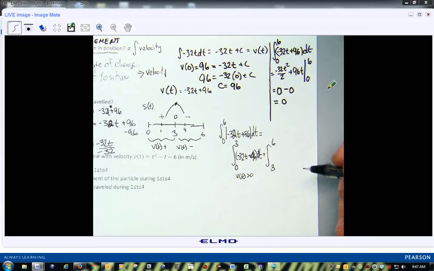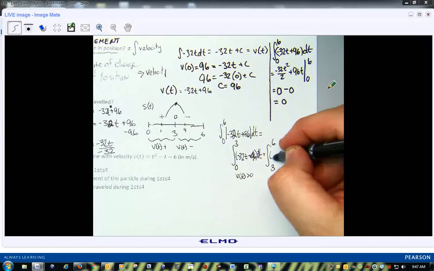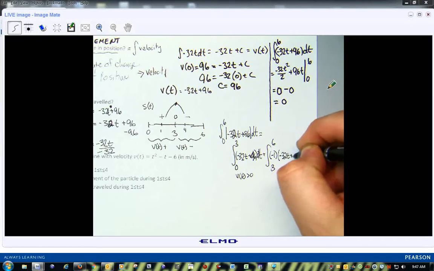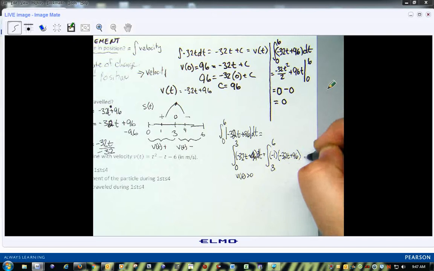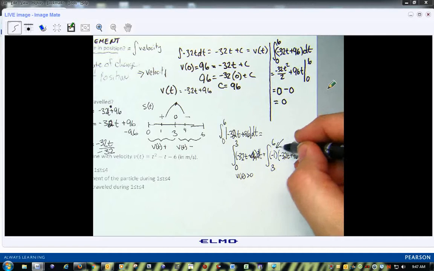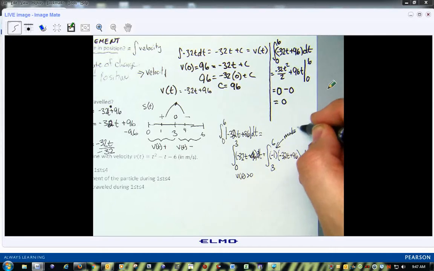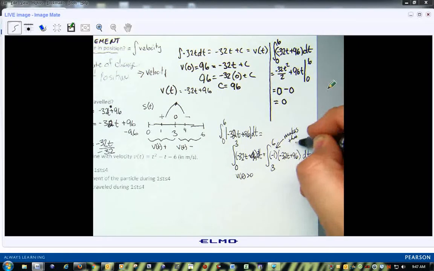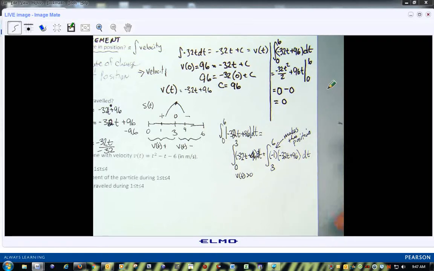So I want negative 1 times negative 32t plus 96 dt. And this negative 1 makes this positive, because if I want to figure out how much I've actually traveled, I don't care if I went left or right, up or down. I just want to know my distances.